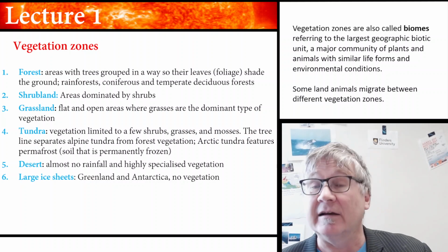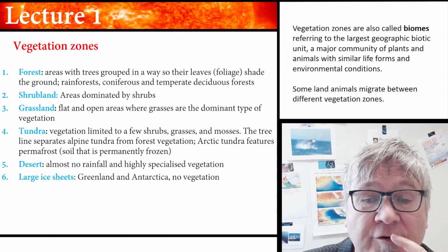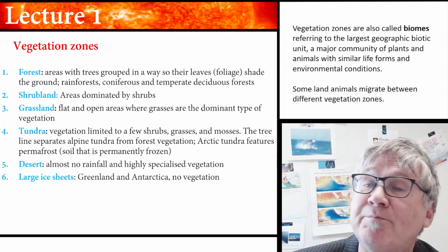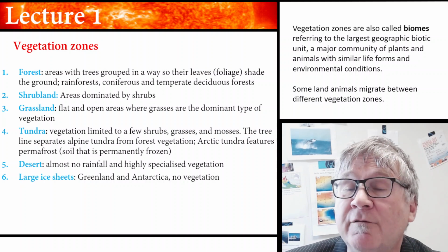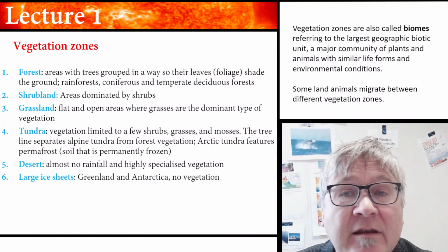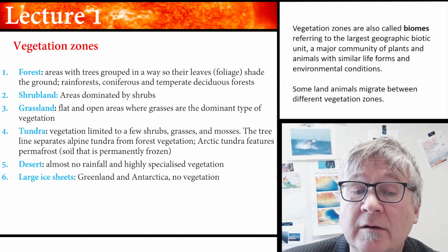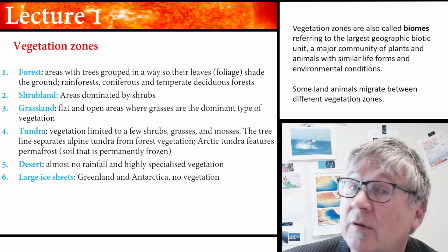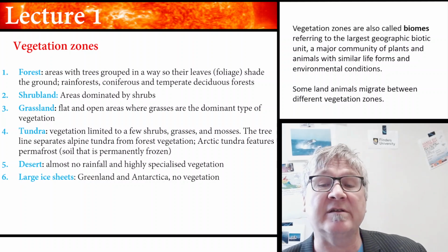Okay, the tree line, that's a little bit of general knowledge for you. And the Arctic tundra features permafrost, soil that is permanently frozen, and that will be featured indeed in later lectures as well. Okay, we're having deserts, almost no rainfall and highly specialized vegetation.